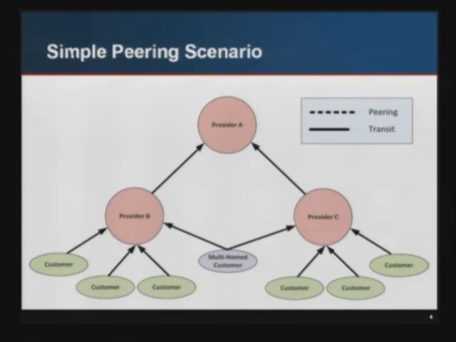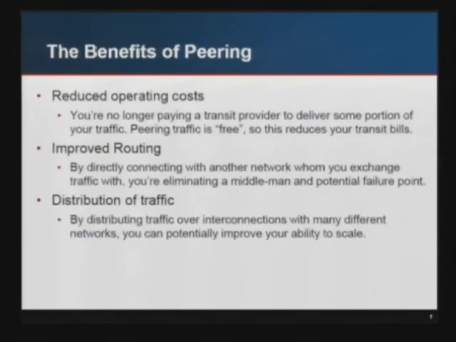And what happens right now is when traffic goes from one customer to another, it goes through provider A. So the really simple peering scenario for these two networks is, hey, why don't we exchange traffic with each other, and then we don't have to both pay provider A, so they establish a peering session. That's the simple, best case, easy scenario.